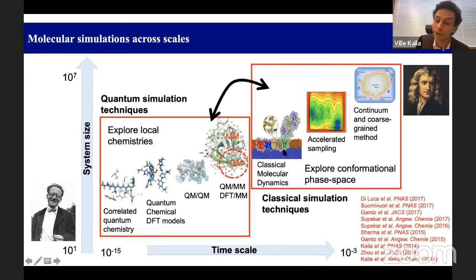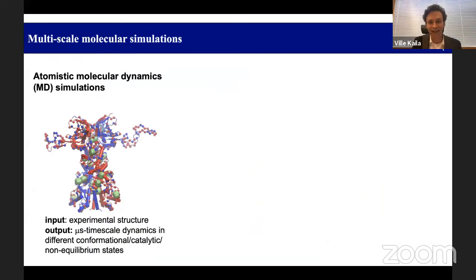And here we widely use atomistic molecular dynamics simulations, but also free energy methods of various kinds that were very nicely introduced during this workshop, and even up to a coarse-grained representation of the system to get interesting information on the longer millisecond time scale.